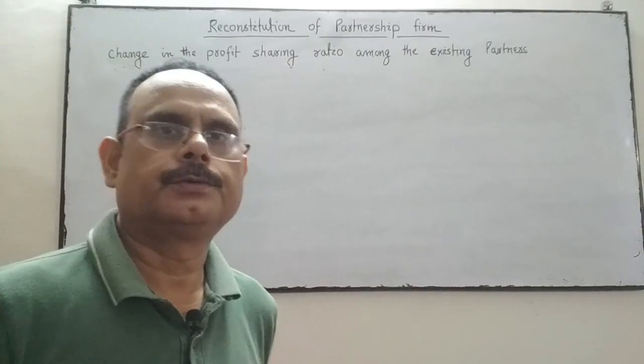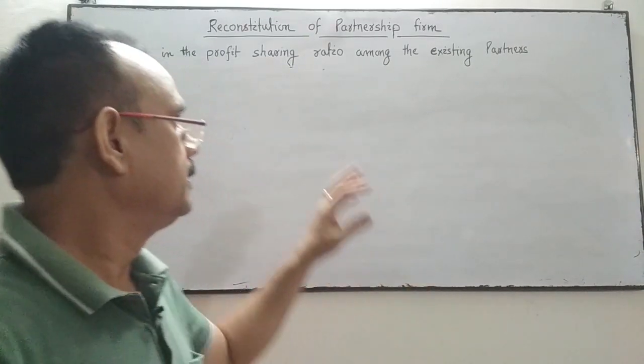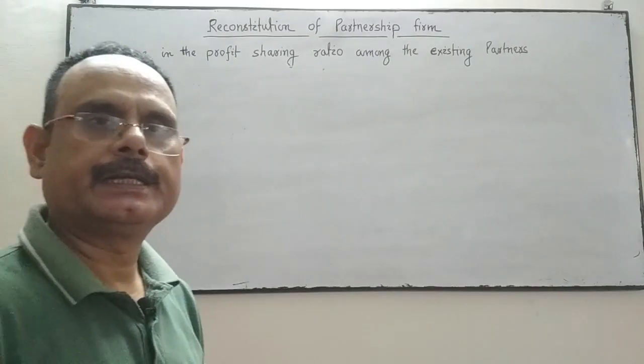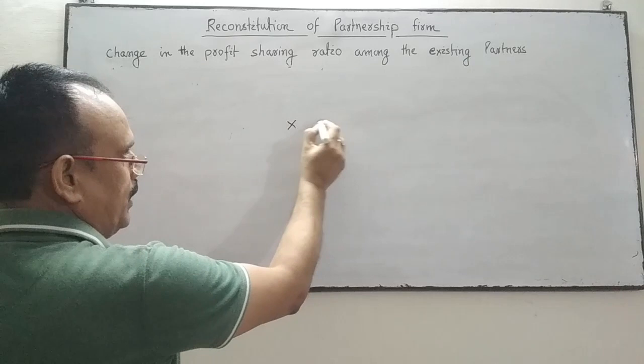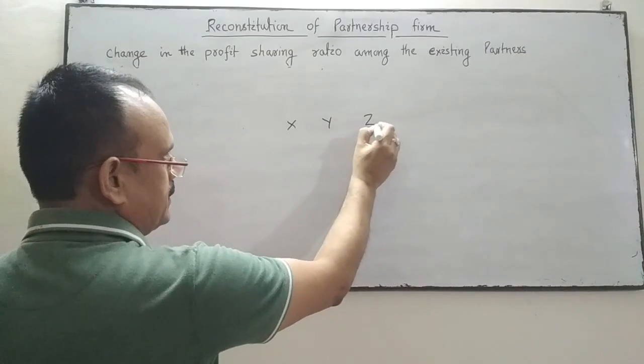Now I'm going to clarify the change in profit sharing ratio through an example. Suppose X, Y and Z are partners.